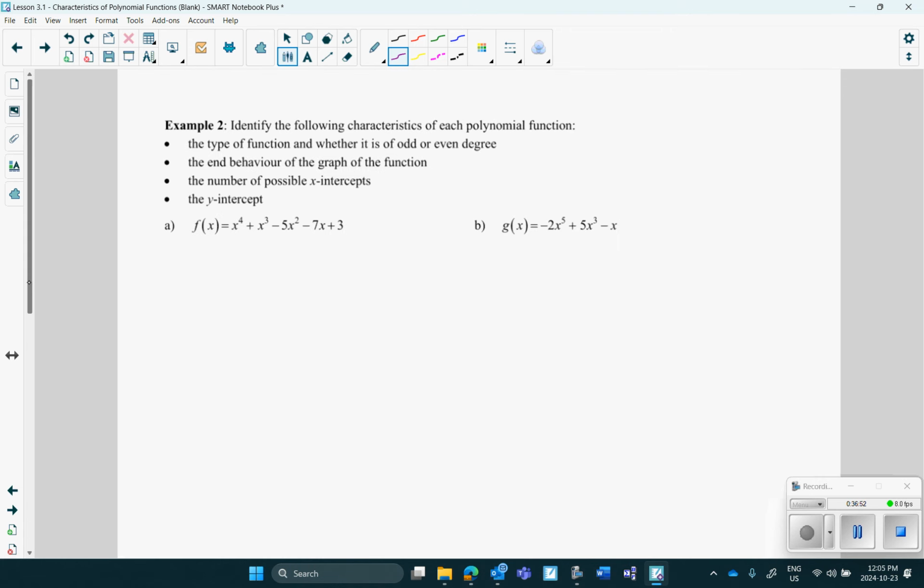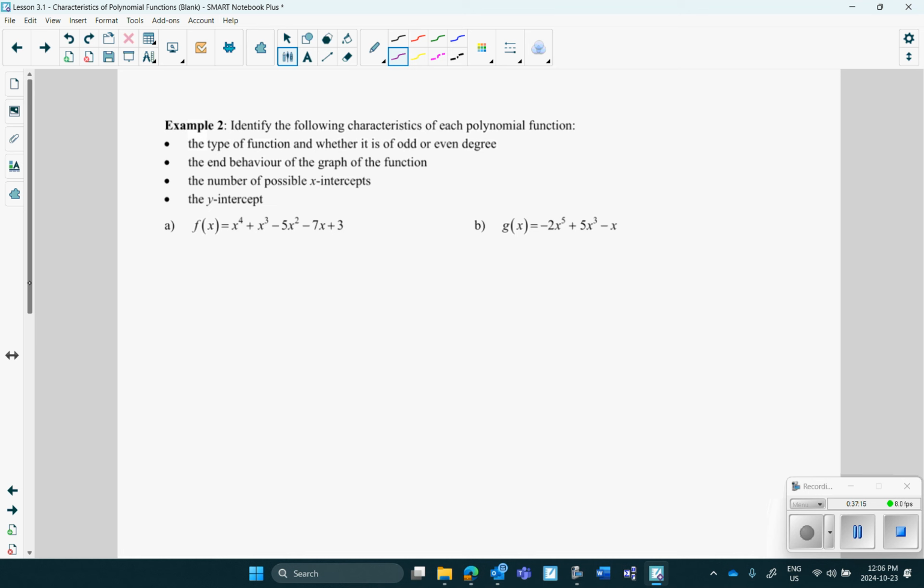So just to finish up, let's look at a couple of examples. This is basically what I want you to get out of this lesson. If you're given a polynomial function, be able to state properties.